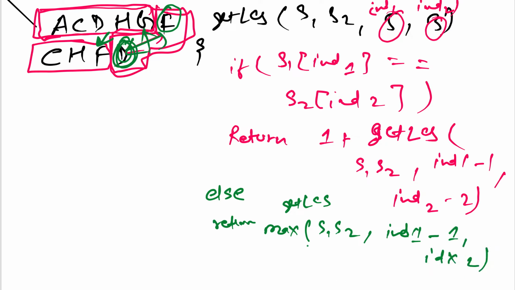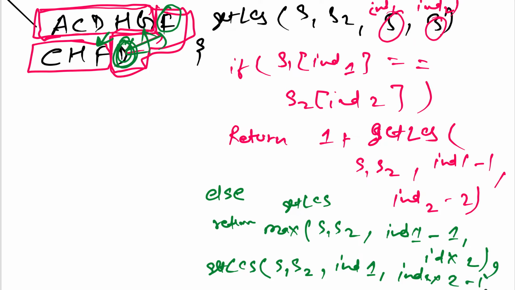Okay, in the first recursion we will send this one, and in the second recursion we will send get LCS of s1 comma s2 index 1 comma index 2 minus 1. We will return maximum of these two. Okay, so this will be our recursive solution.